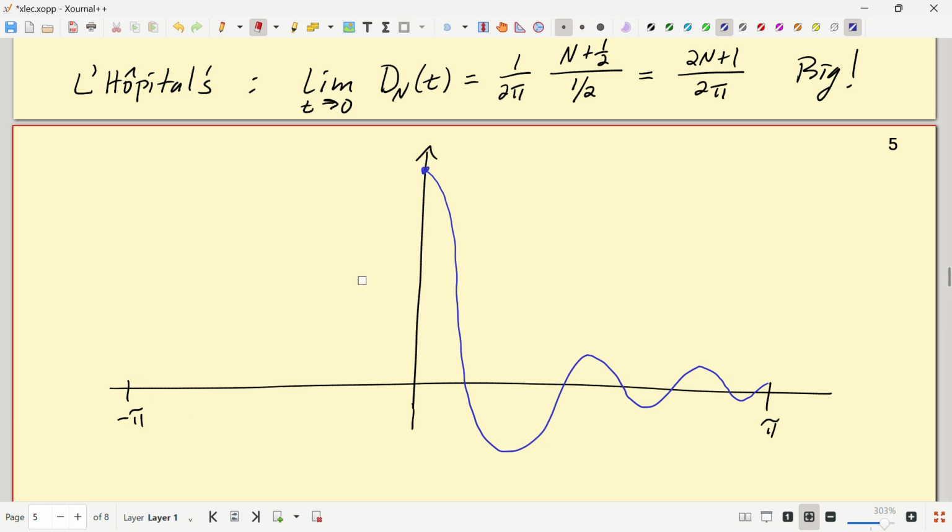That looks pretty crummy. If only I could reflect. It's an even function, so that's messed up. It's getting closer. That's D_n of t.